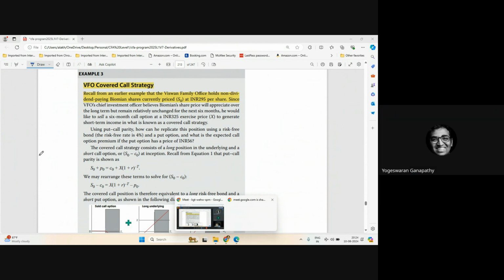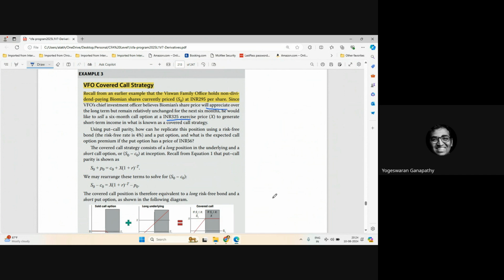VFO covered call strategy. Recall from an earlier example, VFO holds non-dividend paying Biomain shares currently at S0 of 295 per share. Since VFO's CAO believes Biomain share price will appreciate over the long term but remain relatively unchanged in the next 6 months, he would like to sell a 6-month call option at a 325 exercise price to generate short-term income in what is known as a covered call strategy.